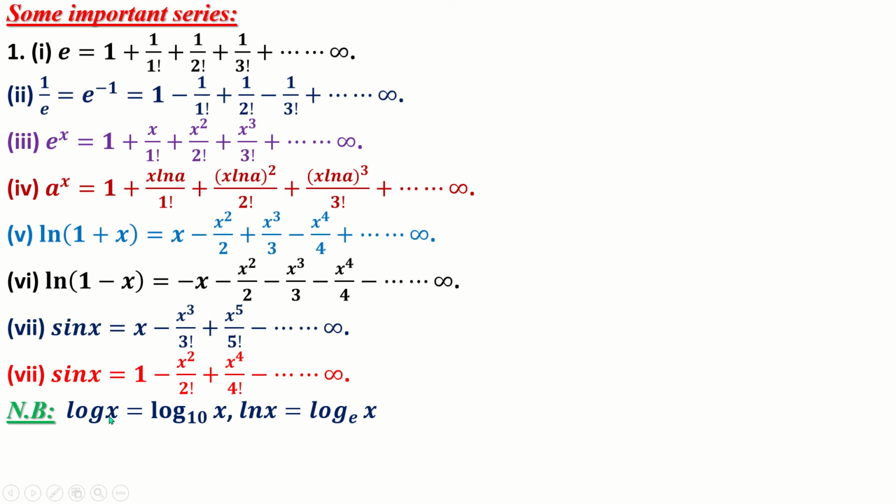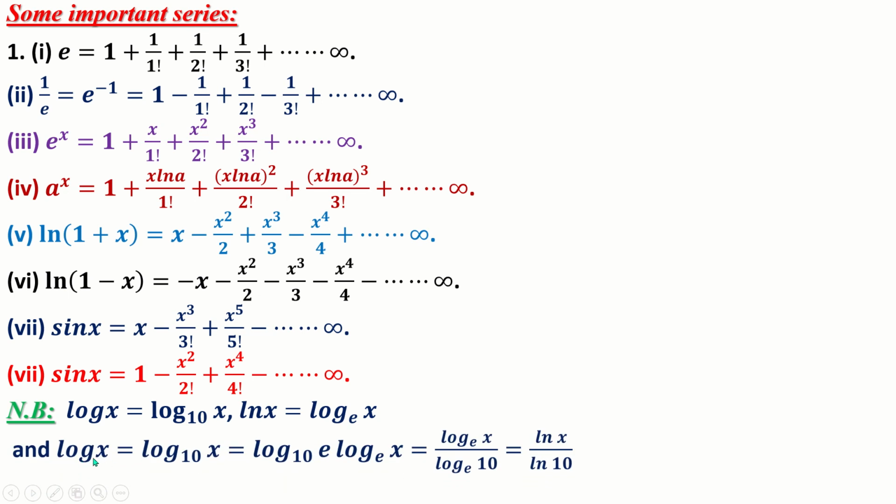Okay, log x, where there is no base, means base 10. Ln x, where there is no base, means log to base e. Ln x means log x with respect to base e. We know this relation. Again we can write log x with respect to base 10 equals log x with respect to base e times log e with respect to base 10.